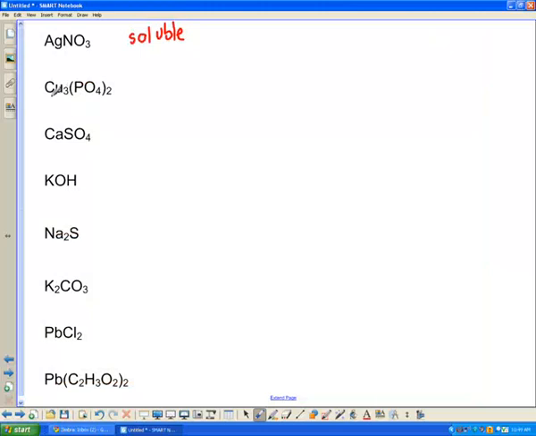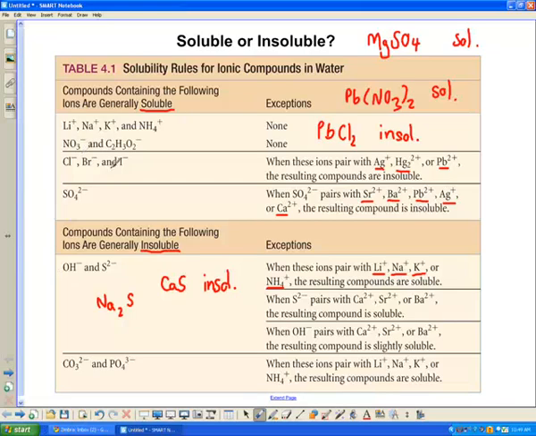Let's see, Cu copper phosphate. Now phosphate is PO4 3-. The copper here must be copper 2+. So we've got to see if we can find Cu2+ or phosphate in there. Okay. Let's look at the rule for phosphate, because it's not listed anywhere else, nor is copper.